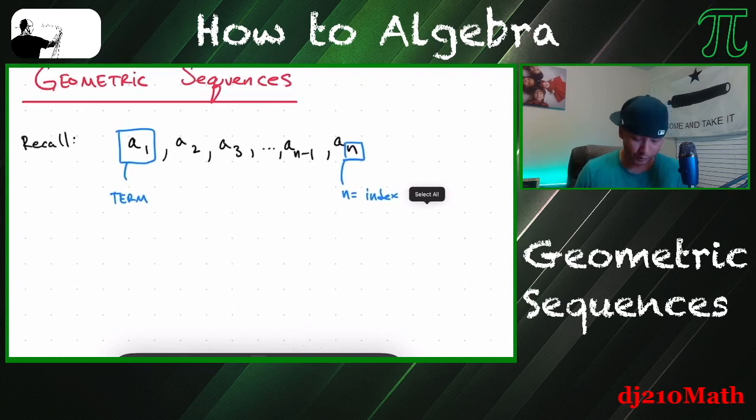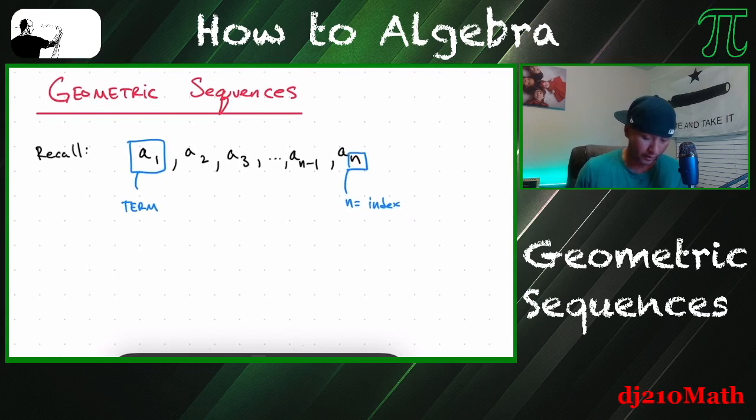So geometric sequences has to do with what happens in between terms, right? Like what gets you from one term to the next. If you've been keeping up with the series, you'll know that in the prior video, we did arithmetic sequences where you have a common difference.